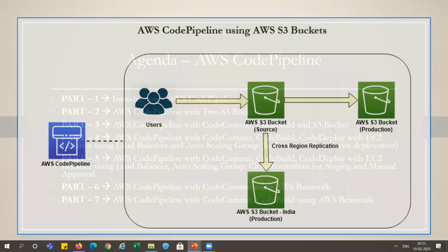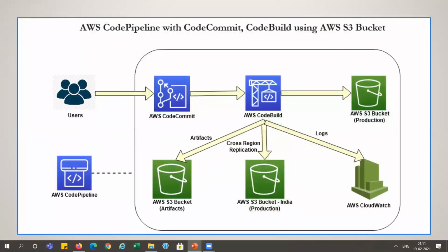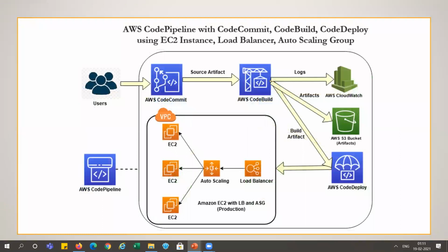This thing we will discuss in part 4. Here we will discuss the AWS CodePipeline with CodeCommit, CodeBuild, and CodeDeploy. We will introduce CodeDeploy with EC2 instance, auto scaling group and load balancer. Here we will also discuss in-place and blue-green deployment.